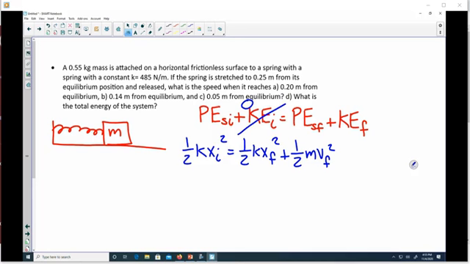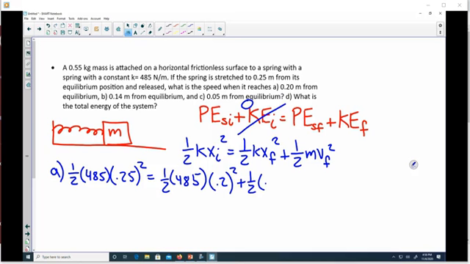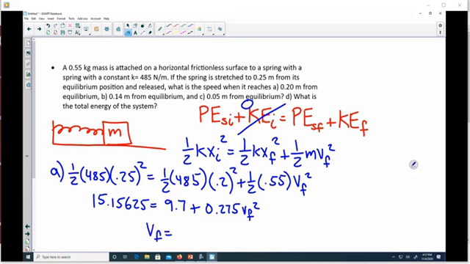We need only find the final velocity. And so here we find the final velocity to be 4.45 meters per second.